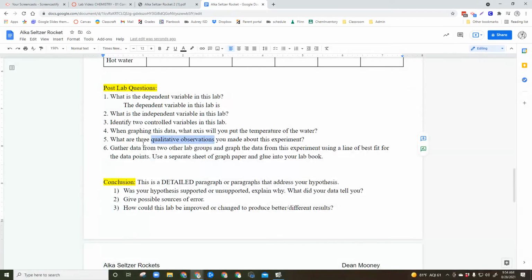Okay, so let's see, what are 3 qualitative observations you made about this experiment? All right, so 3 qualitative observations, something that you used your senses for. Okay, so think about it. 3 things, observations you made about this lab that don't require numbers, that they do require your senses.